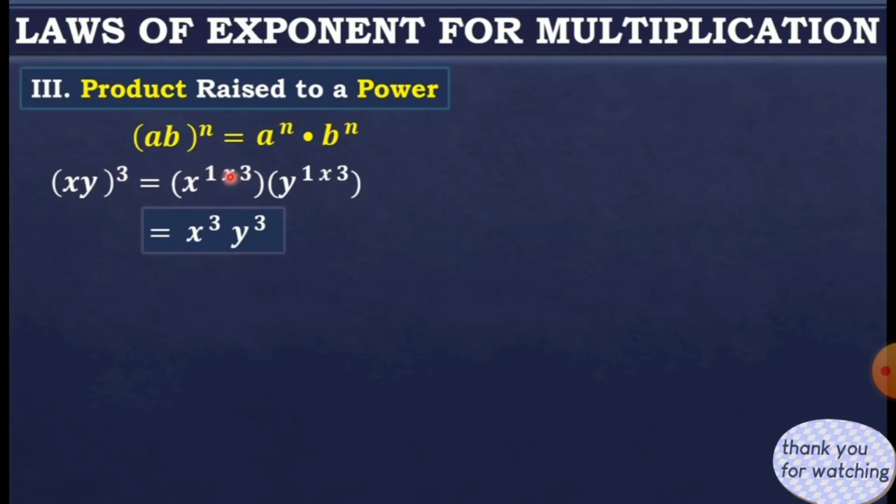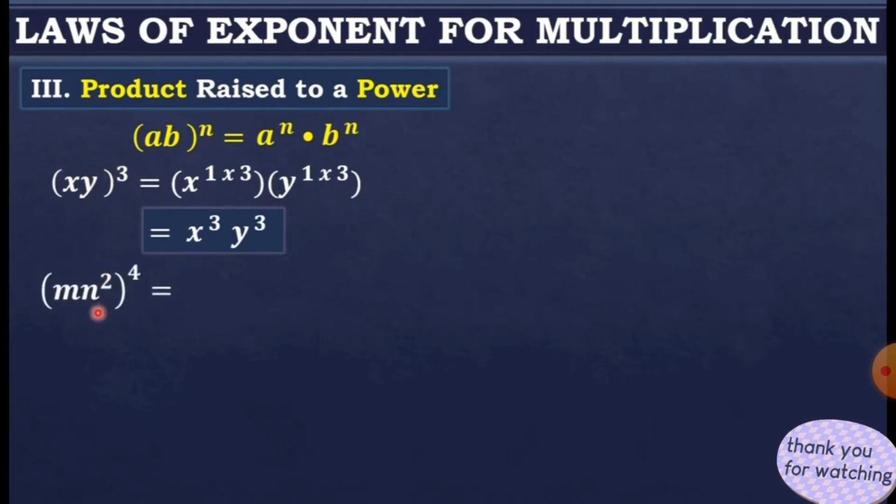Kaya, 1 times 3, it's 3. So, x cubed. The same with y. 1 times 3, y cubed. So, that's the answer. Kasi, yung exponent sa loob, minimultiply mo sa exponent sa labas ng parentheses. Kaya, nagiging x cubed, y cubed. That's the idea of product to a power.